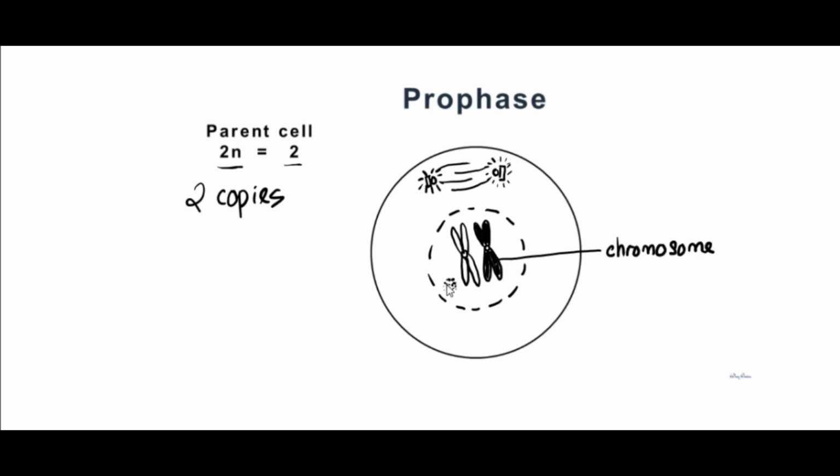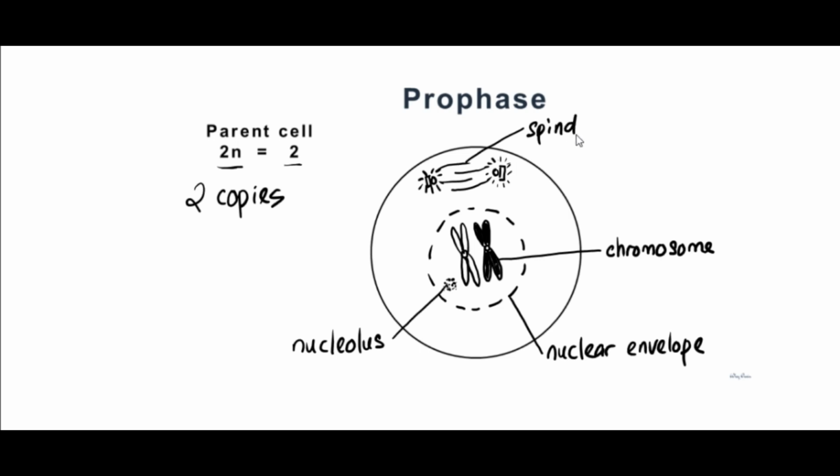And you can also label structures such as the nucleus and the nuclear envelope, both starting to disintegrate here. And also the spindle fibers, which are actually the elongated microtubules.